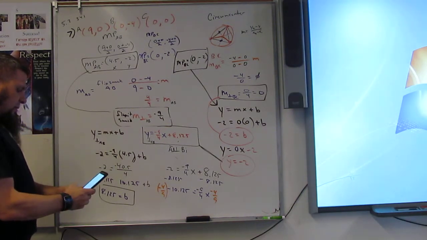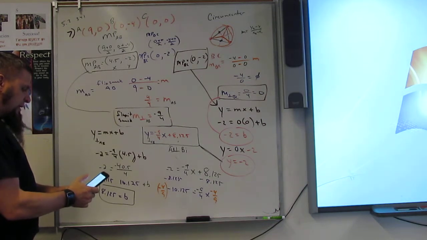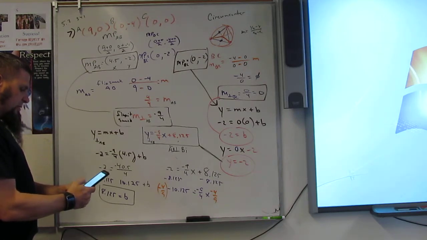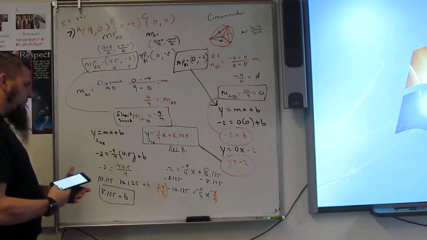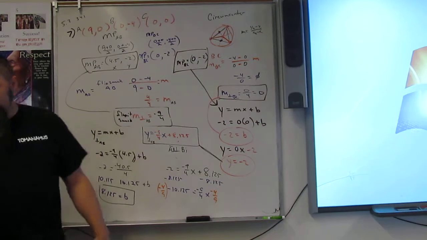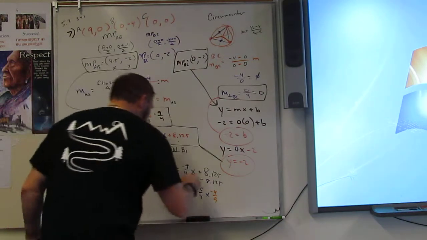Calculate it out: -10.125 times the quantity of -4 divided by 9 equals 4.5. That's not that nice, but it's not terrible.